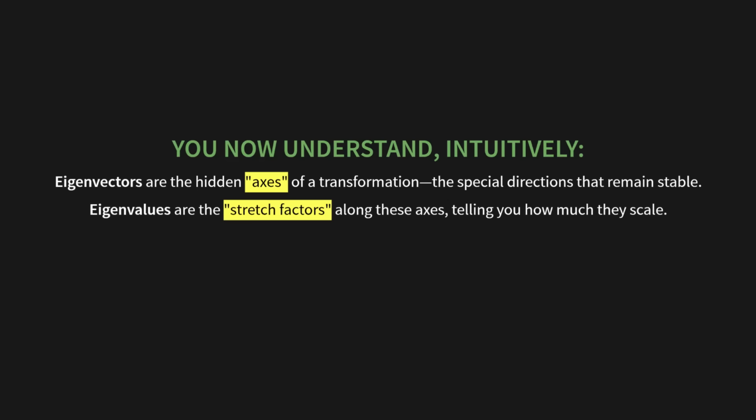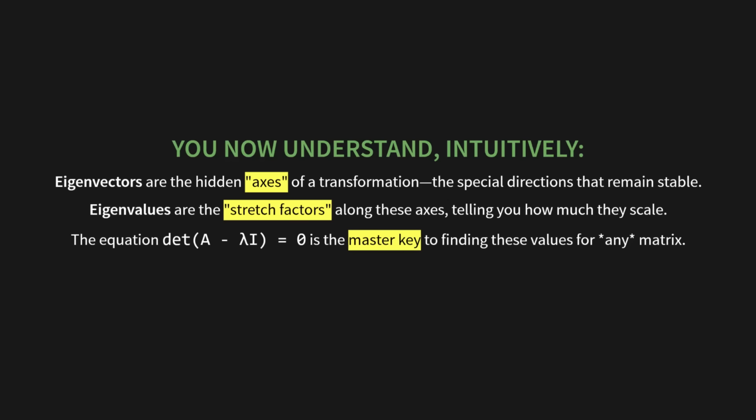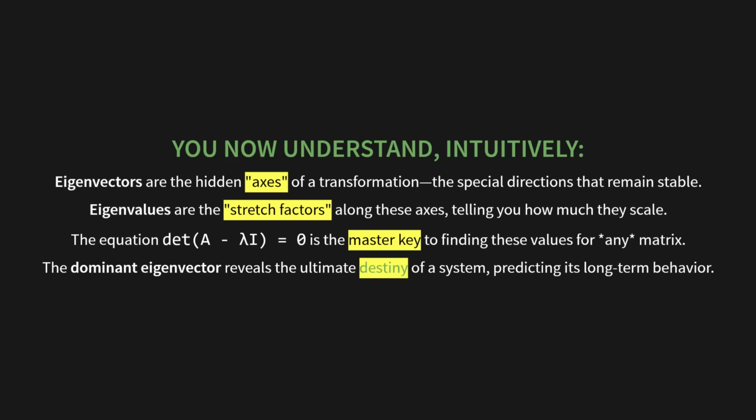Eigenvalues are the stretch factors along these axes, telling you exactly how much they scale. You know that the equation determinant of A minus lambda I equals 0 is the master key to finding these values for any matrix. And most powerfully, the dominant eigenvector reveals the ultimate destiny of a system, predicting its long-term behavior.